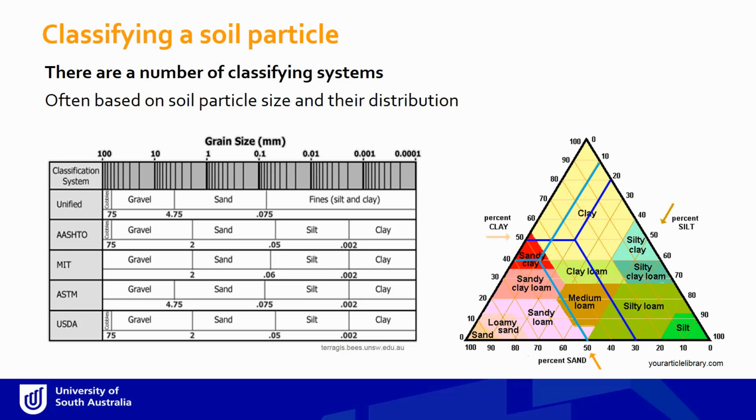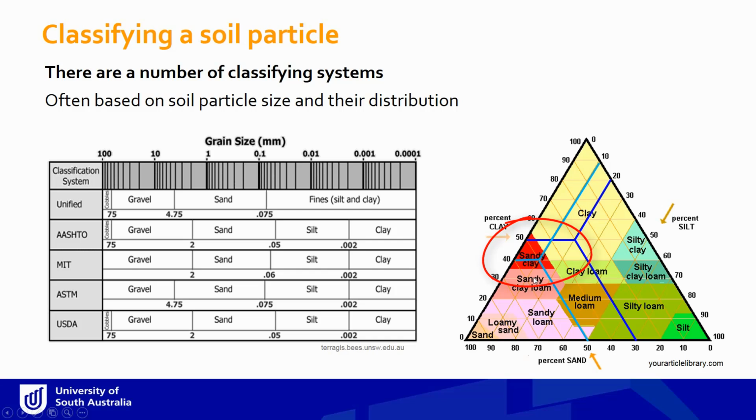This is a chart commonly used by agricultural engineers. If they know the percentage of silt, clay, and sand, they can draw some lines like this, say for sand percentage 50, 40% clay, and 10% silt. The classification of that soil will be sandy clay.